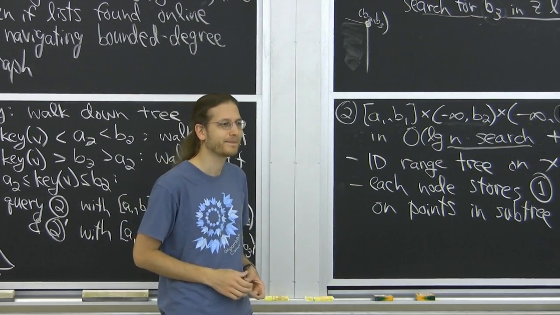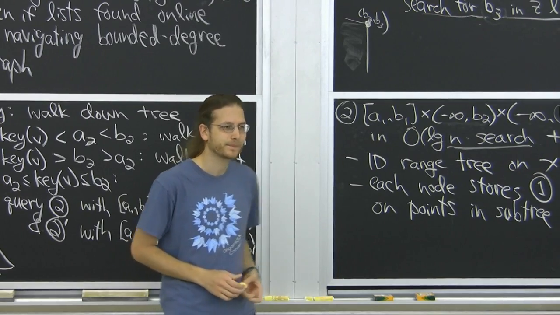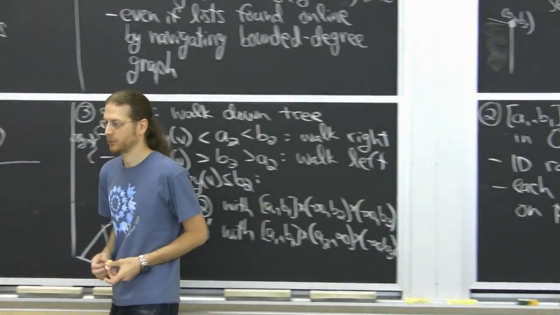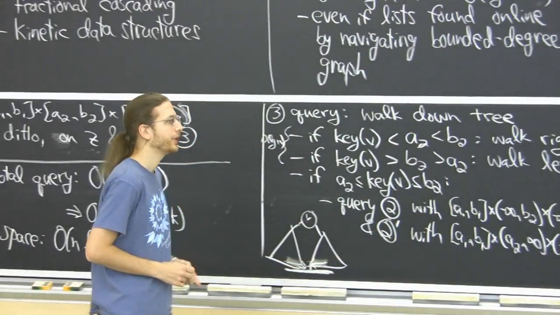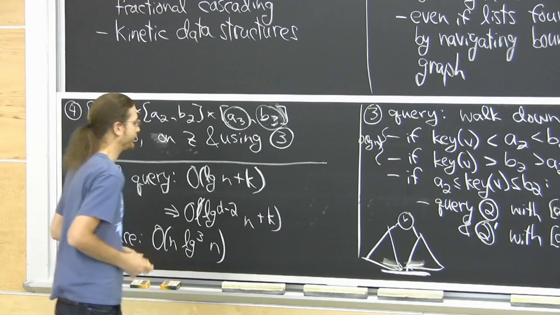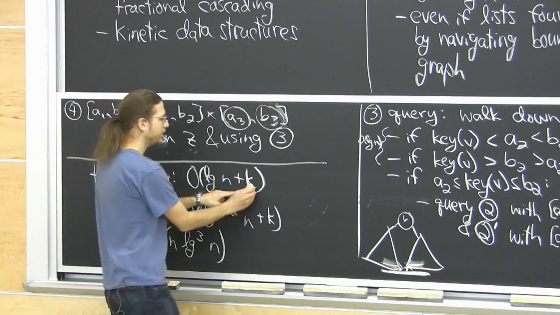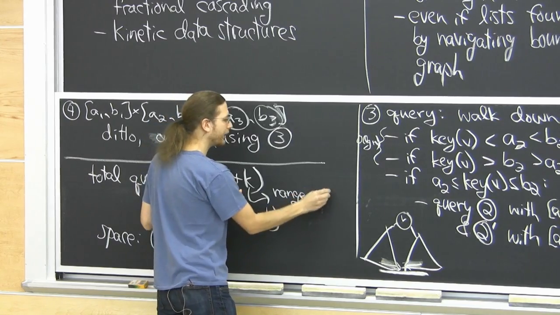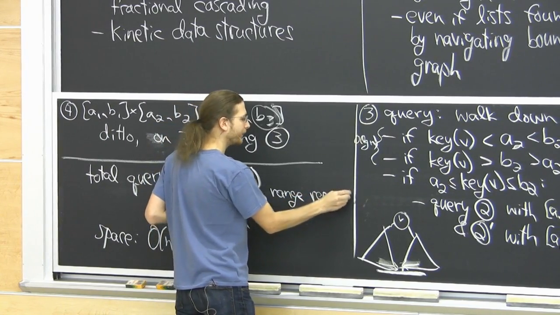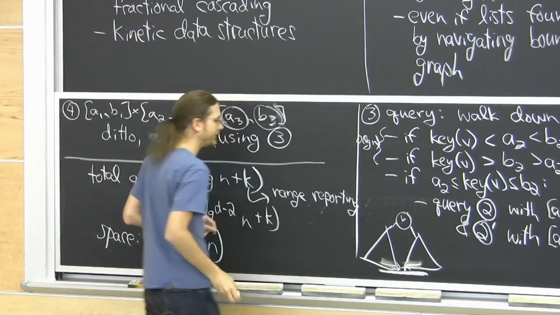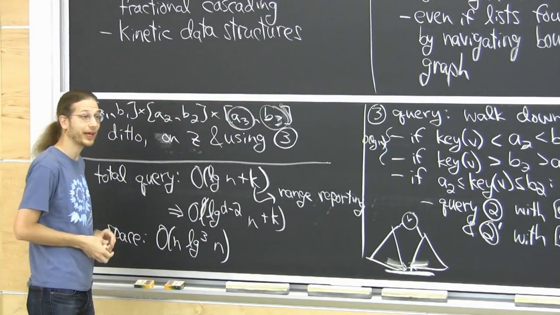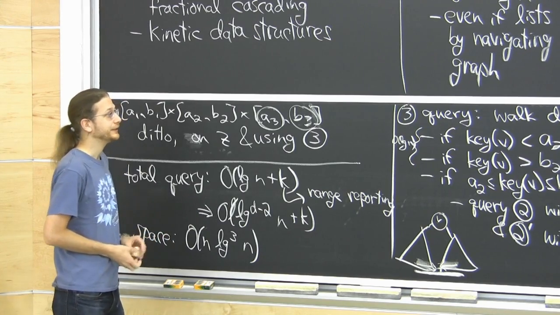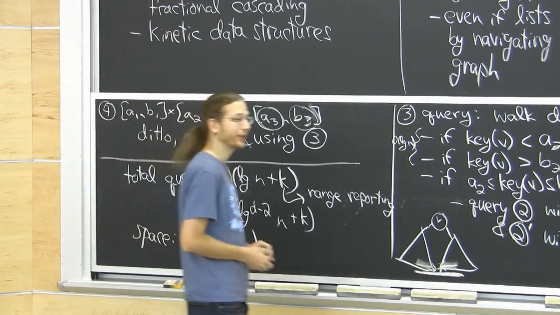Yeah? So when our query is log n plus k, k is actually the number of points that are coming back. Good question. This is for what we call range reporting, where you really want to list everybody in there. If you wanted to do range counting queries, which just give me the number of elements that match, I don't think this will work.